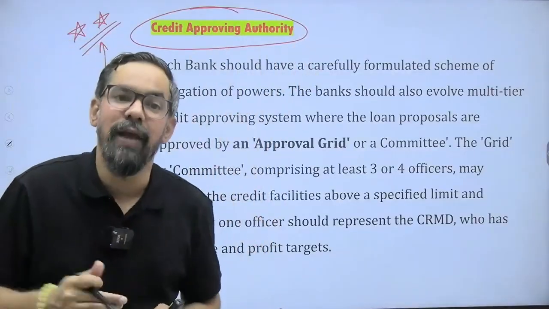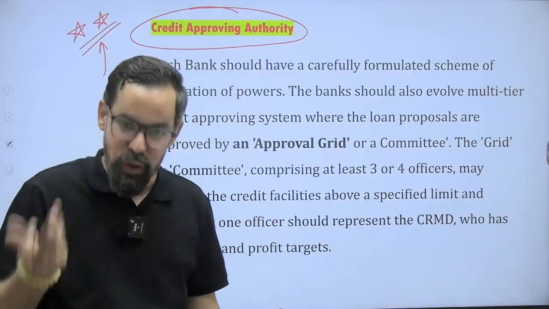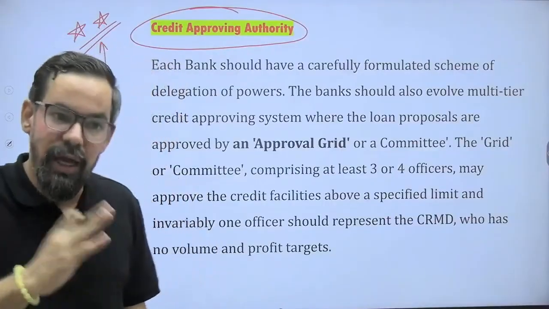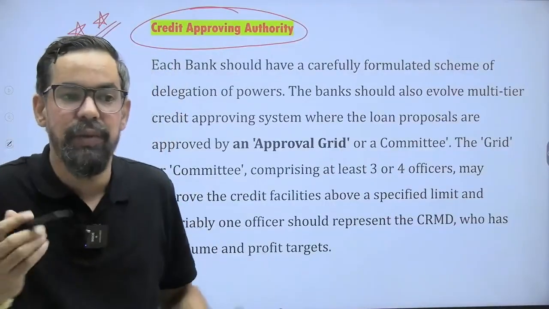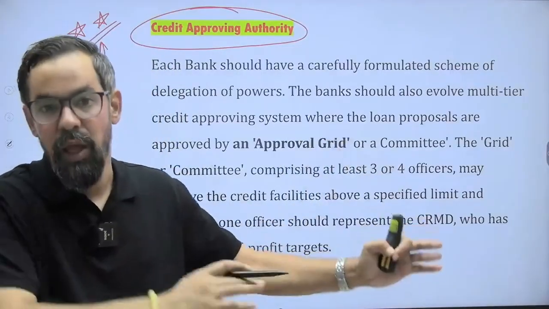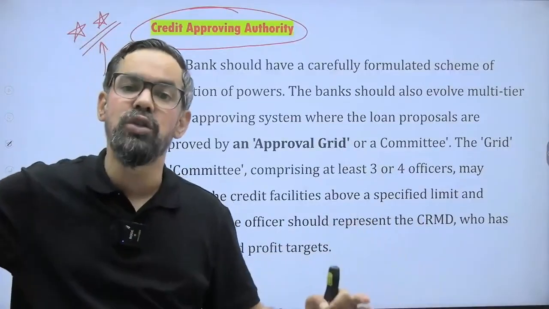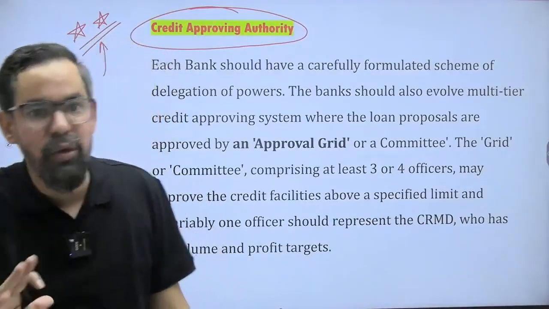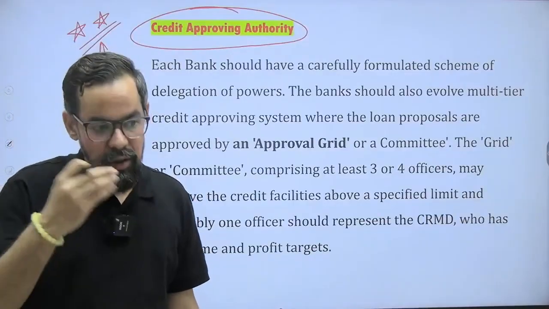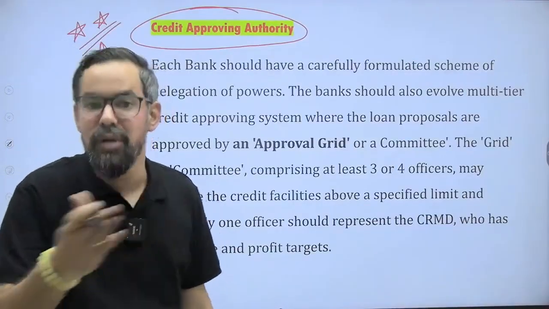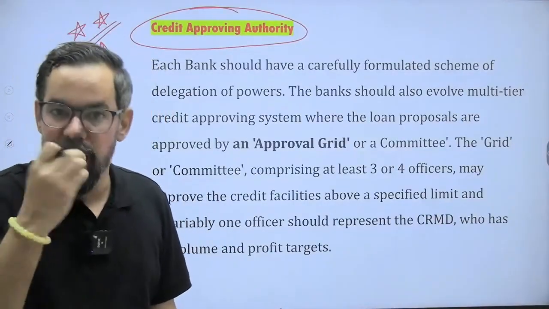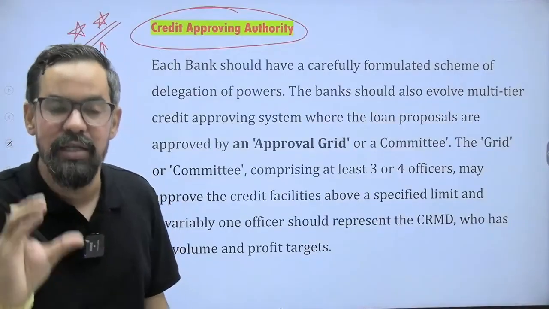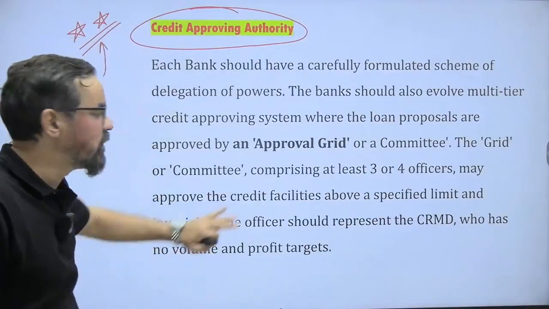Because sometimes we do have some loan targets and all, and sometimes we can become biased because of those targets. But the person who belongs to the credit risk management department does not have any target, right? So we need agreement from all the members who are part of that particular approval grid, which is generally known for this one.